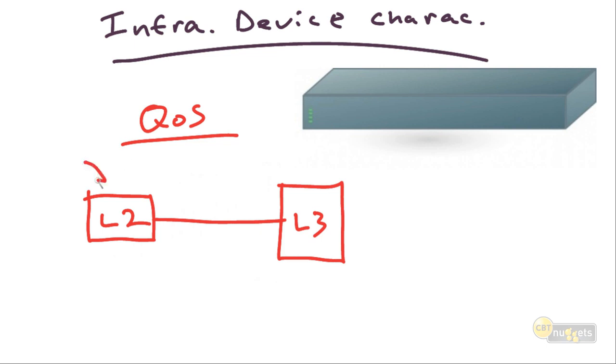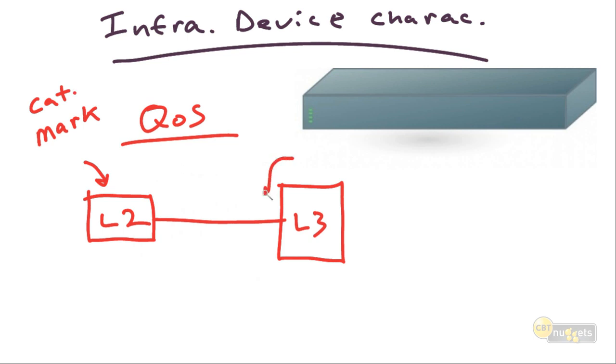At the layer 2 device, we might discover that, yeah, okay, good news. We can go ahead and mark traffic. We can categorize traffic and we can mark traffic there at layer 2, but we can really do little else with the traffic.